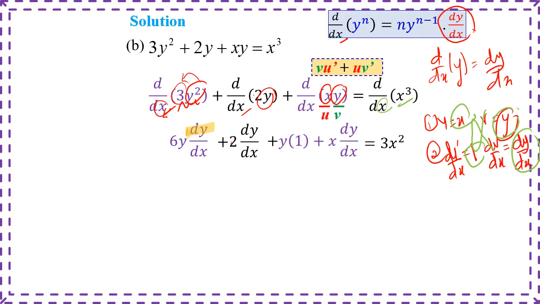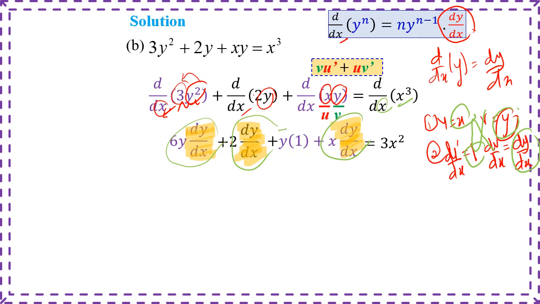We have dy/dx here and here, the first, second, and fourth term. So you have to group these together. These three terms should be grouped together on the left side and the other terms should be brought to the right side.